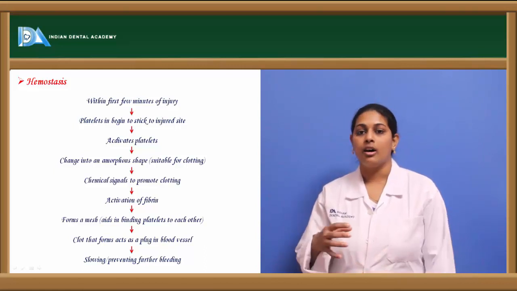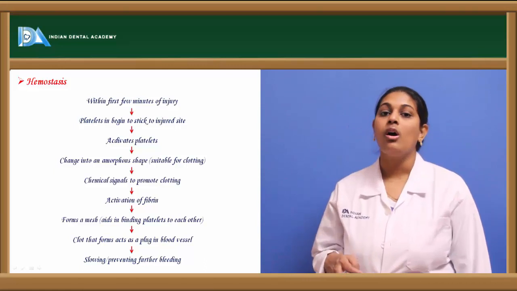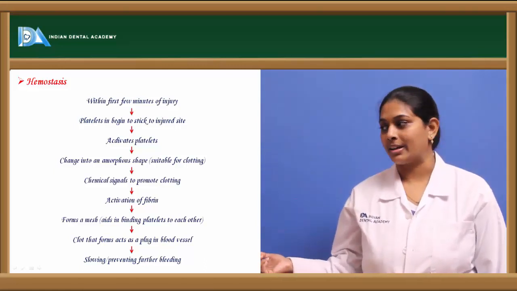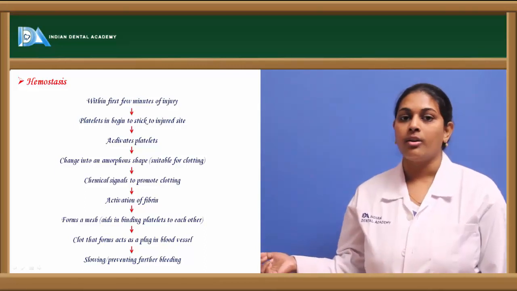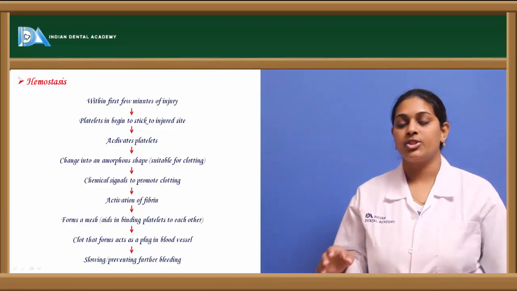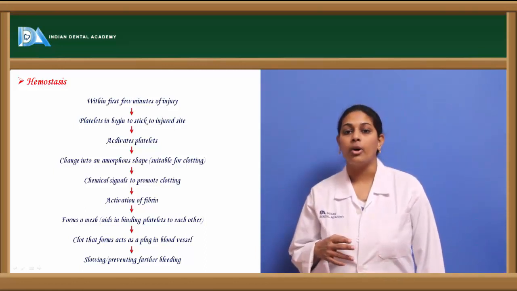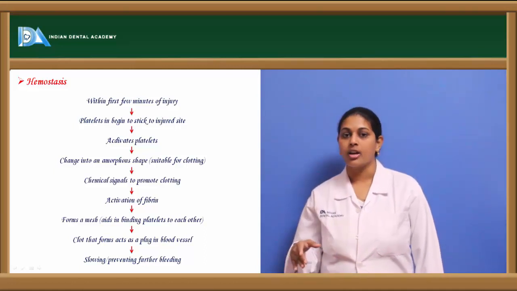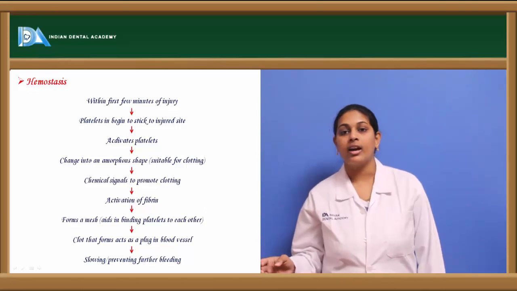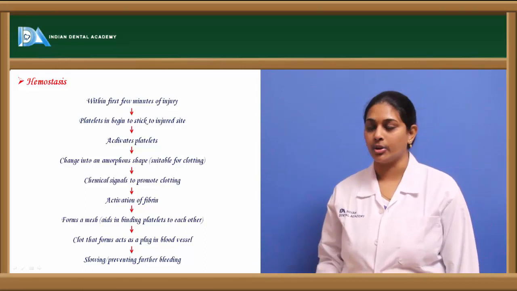Once these platelets attach to the injured sites, they get activated. These activated platelets result in the formation of a clot. This clot is formed because the platelets change in their position, such that the clot is organized according to the injured site. So these platelets modify their shape. Once they modify their shape, it provides a signal for the process of clotting to continue.